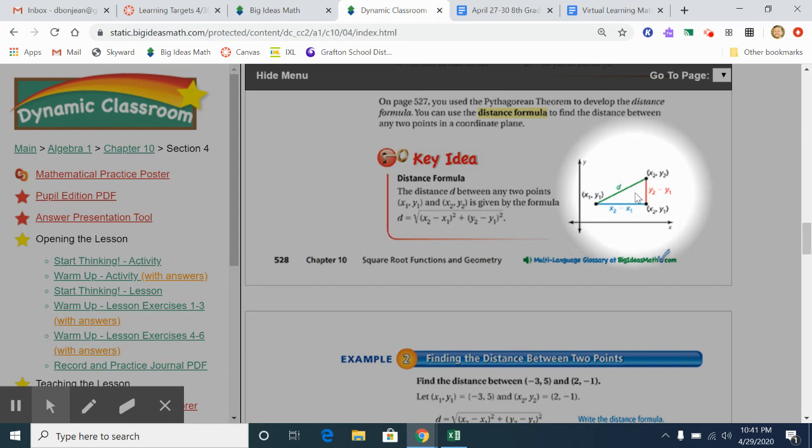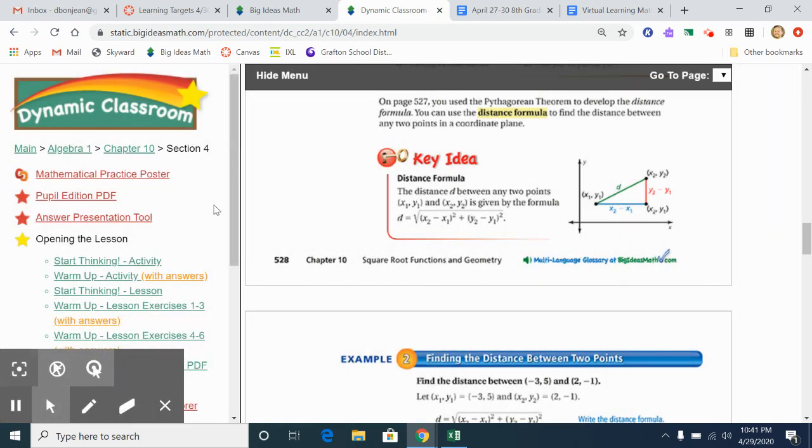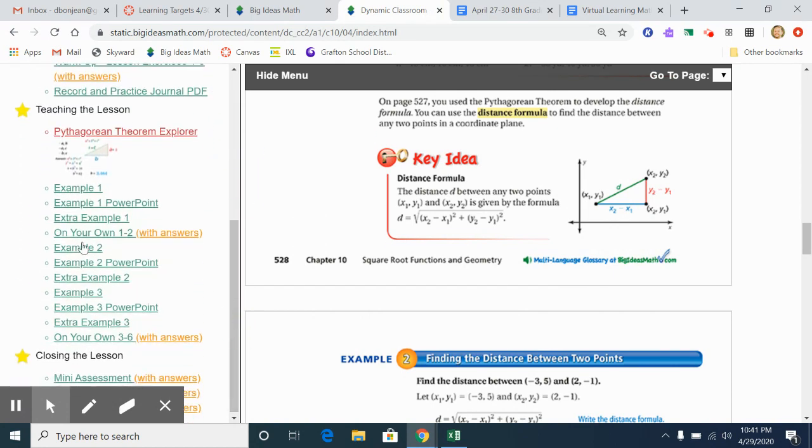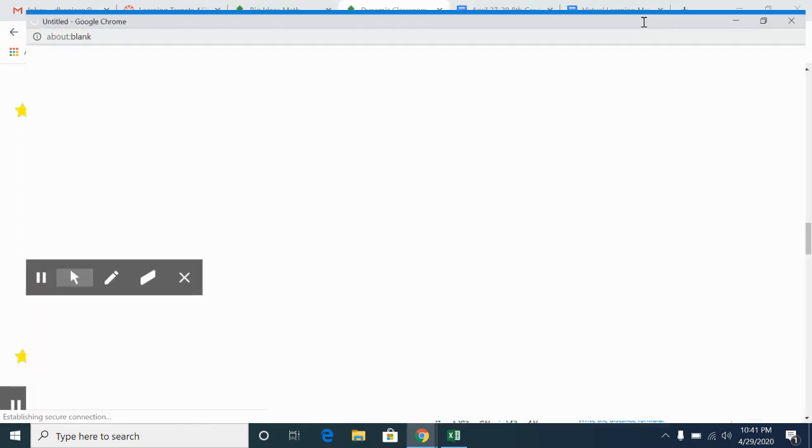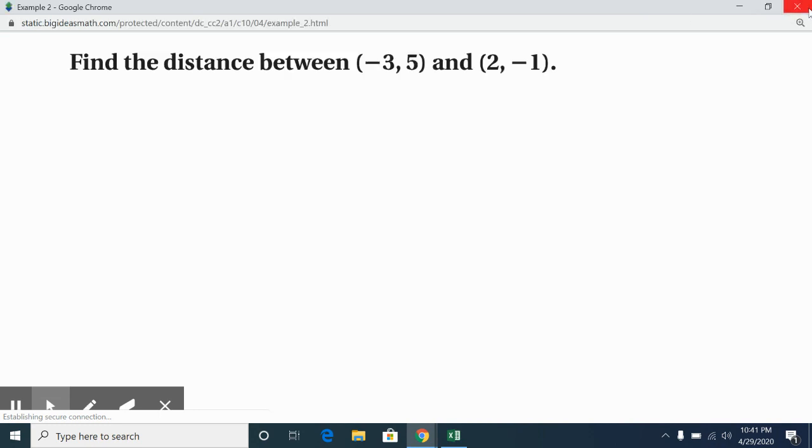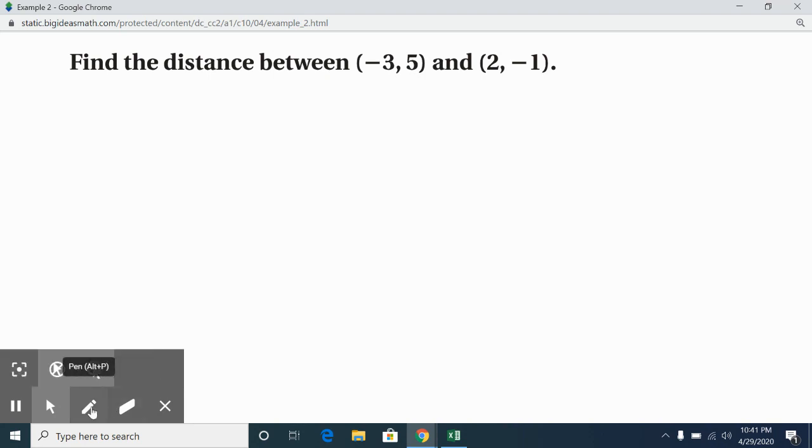It's pretty simple as long as you do a specific step, which is labeling your ordered pairs. I'm going to do the exact same thing that I did when we learned how to find the slope of a line.